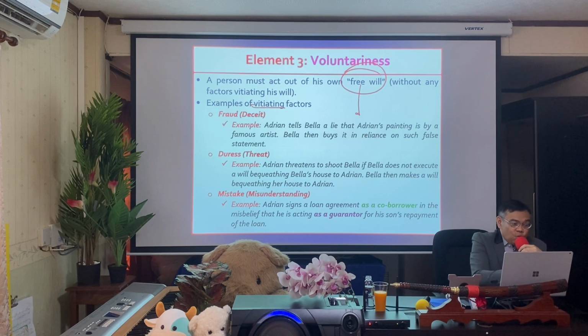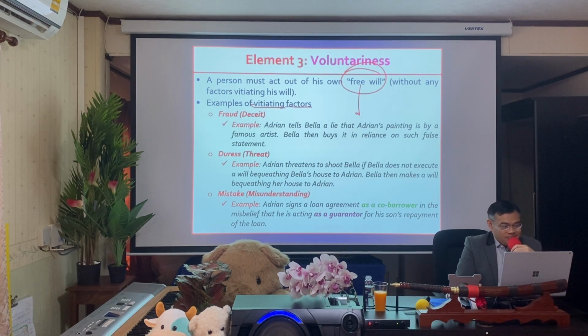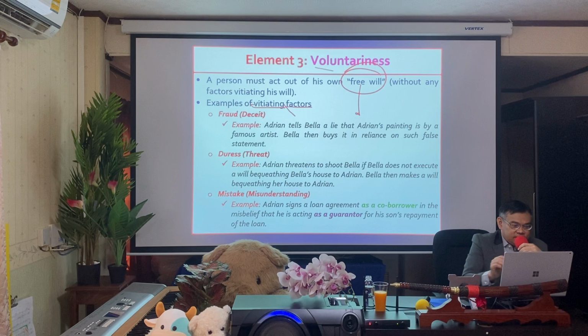We call this a vitiating factor. Vitiate means make something bad. If there is any factor which vitiates the will required to make a juristic act, then we cannot have a valid juristic act, simply because that is not a product of voluntariness.